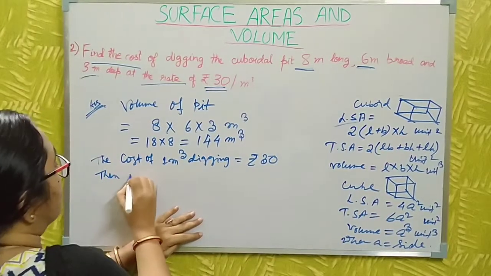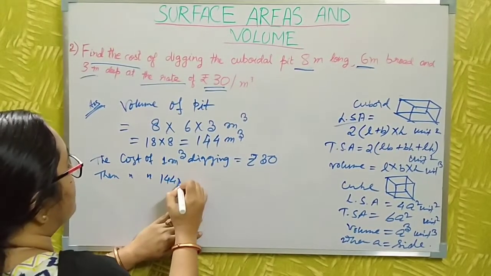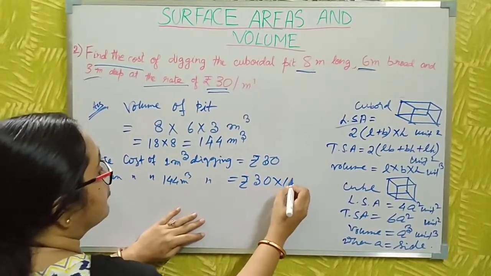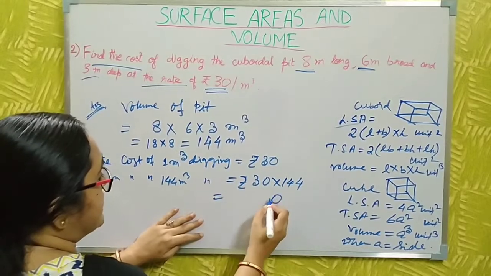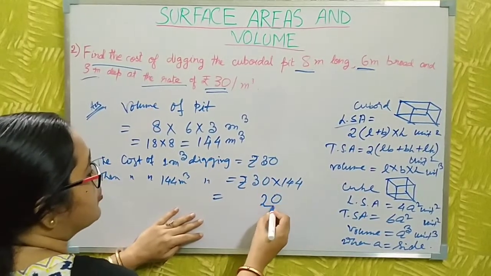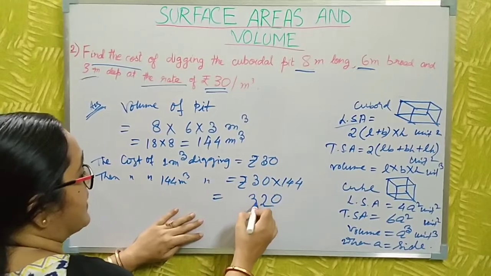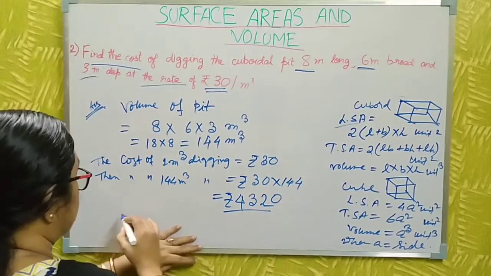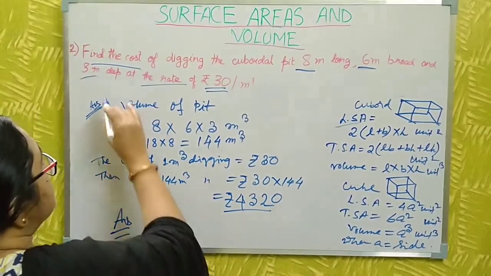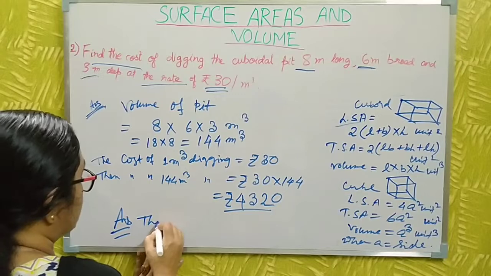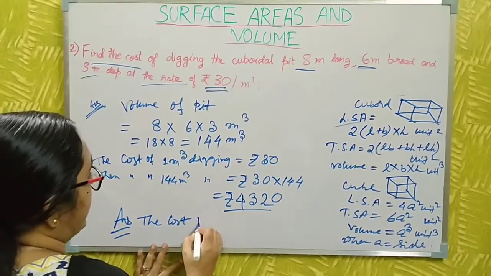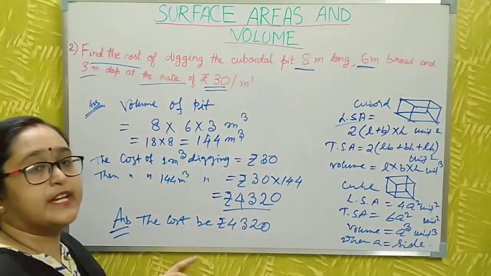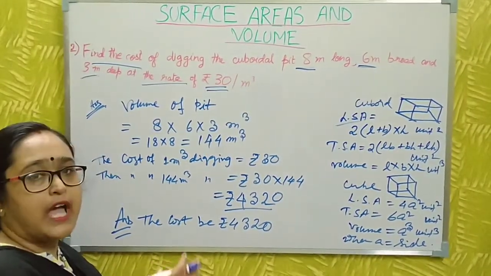Then the cost of 144 meter cube digging is rupees 30 into 144. 4 3s are 12, 2 and 1 carry, 4 3s are 12 and 3, 4 1s are 4 and 1. The final cost will be rupees 4320.